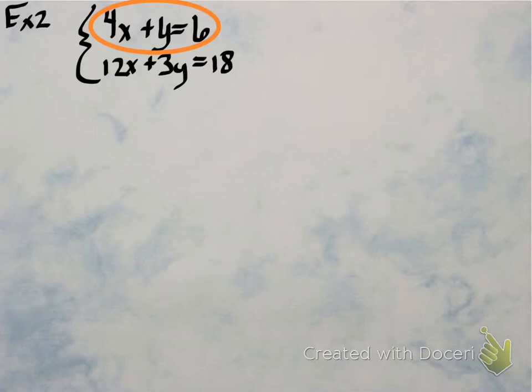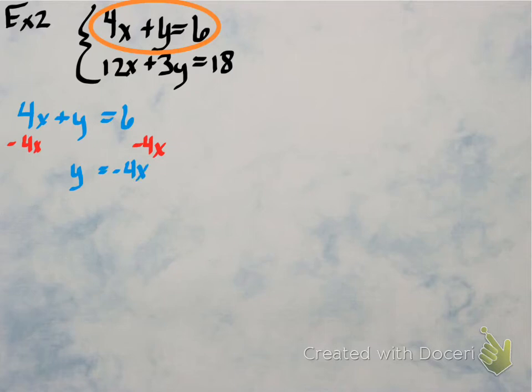So I'm going to solve that first one for y. 4x plus y is equal to 6. I'm going to get y alone, so I subtract 4x, and that gives me y is equal to negative 4x plus 6.